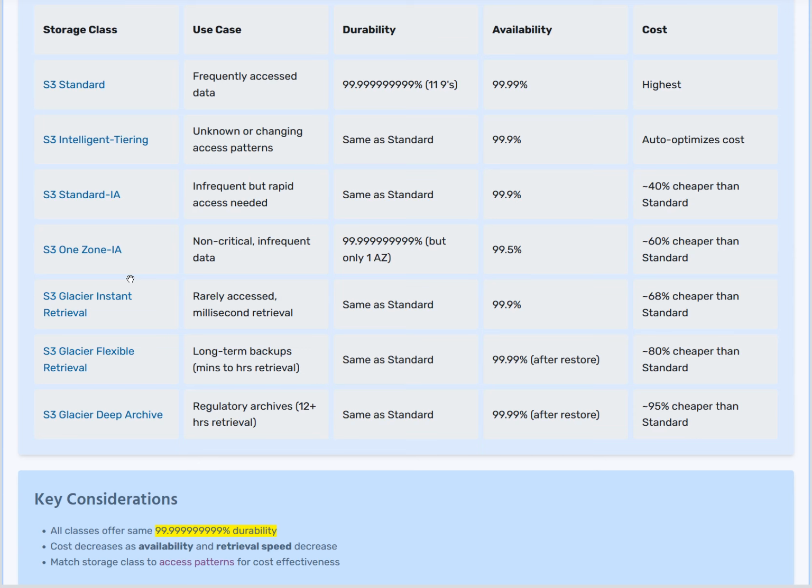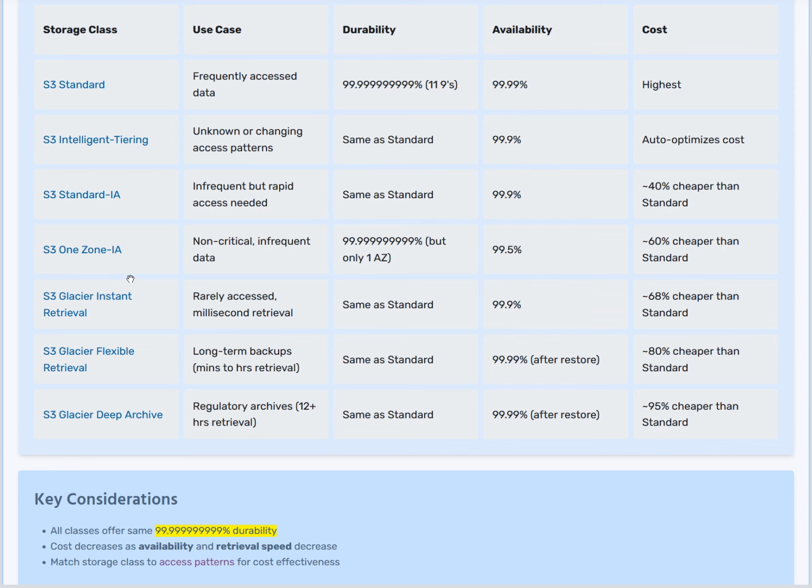It will be accessed very rarely, but you can access it in a similar way to Standard. Durability is 11 nines, the same as Standard, and availability is 99.9, and it's approximately 68% cheaper than Standard.